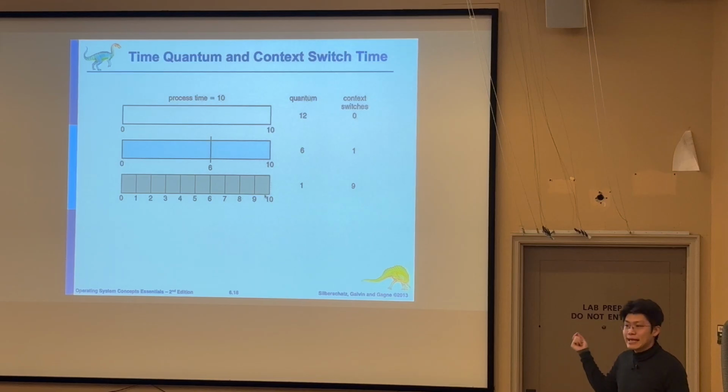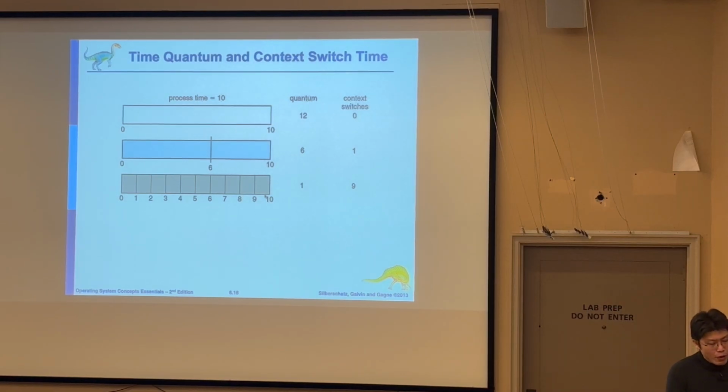Context switch itself is not very cheap. It costs resources. You need to perform timer interrupt execution, store the old process state, and load the new process state. Context switch is not free, so performing very frequent context switches is not ideal.